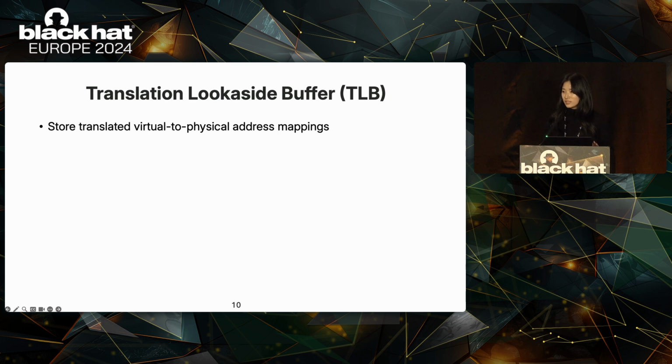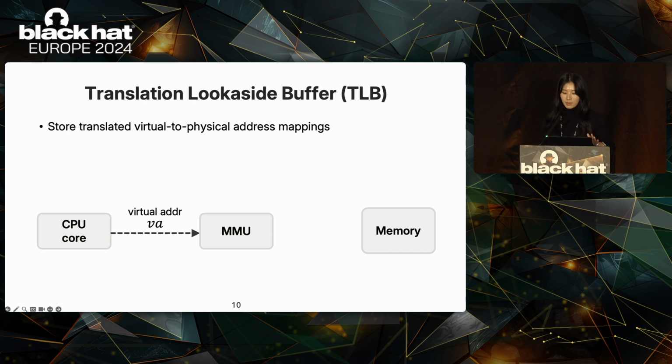So what exactly is the TLB? The TLB is basically a type of cache that helps the system handle address translation more efficiently and plays a critical role in speeding up memory access. When accessing memory, the system uses a virtual address, which must be translated into a physical address before memory can be accessed.